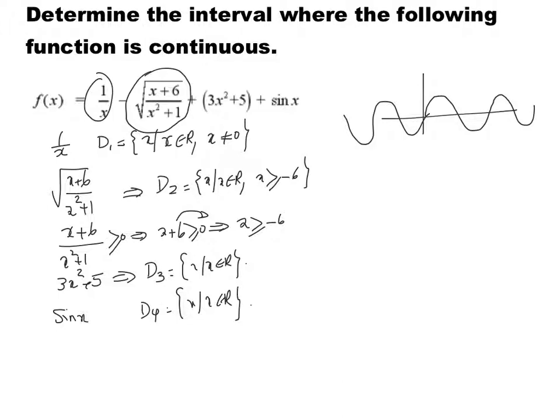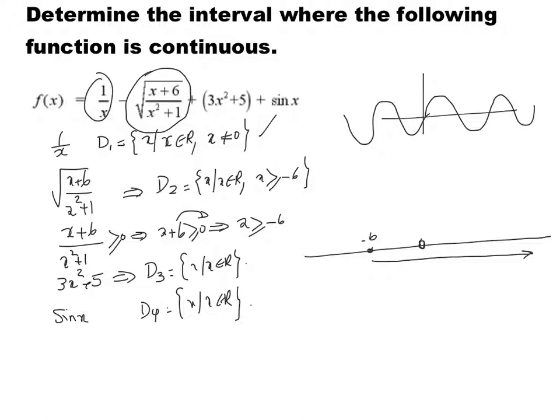Now if we look at the number line, and we draw these regions, the first one says x cannot be 0. So this is the first one, a hole, and everything on the x-axis is accepted. The next one says x has to be greater than or equal to -6. So including -6 here, everything here is accepted.